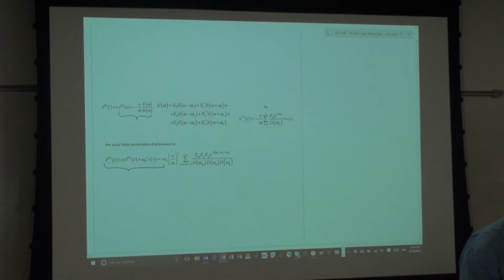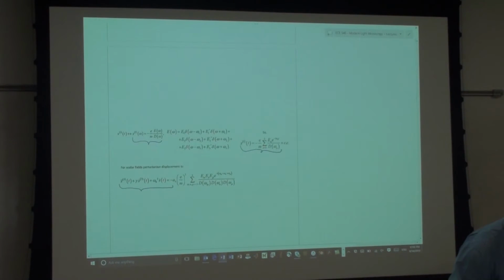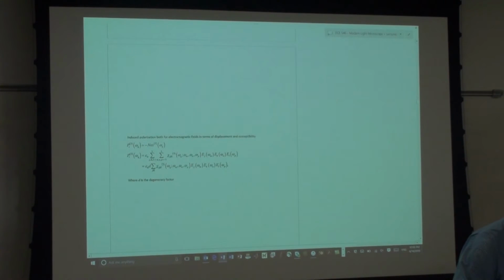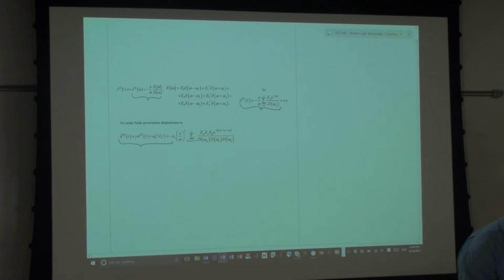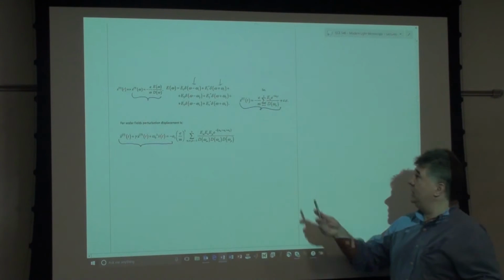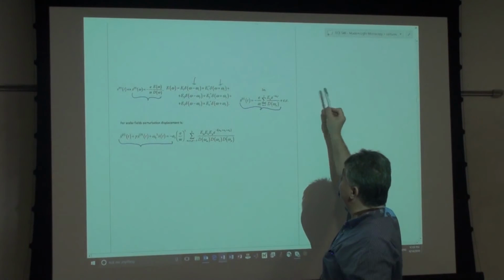This is the solution for x1. Oh, I see, so I put it in the time domain for some reason. Okay, so this is x1 in the time domain, so I'm putting all these omega 1, omega 2, omega 3 in the time domain. They will give you e to the minus i omega n t plus complex conjugate.